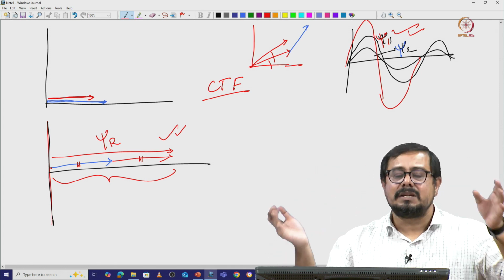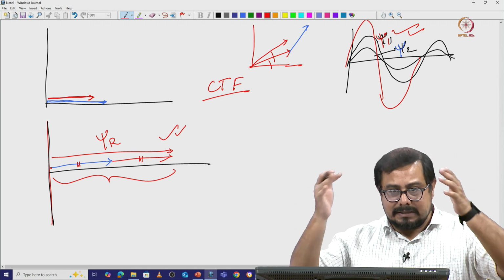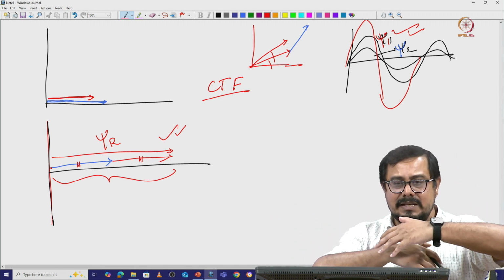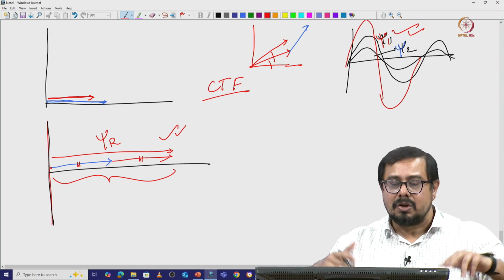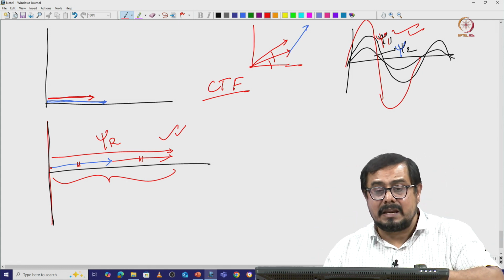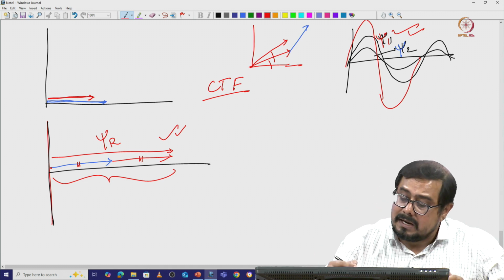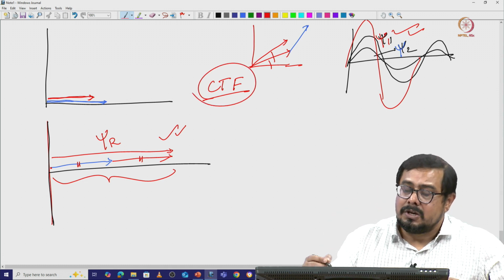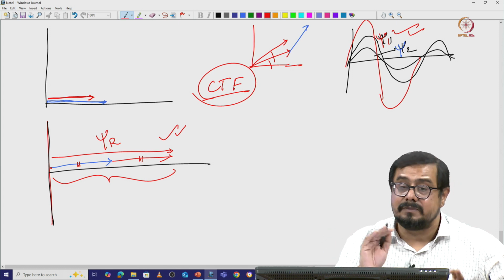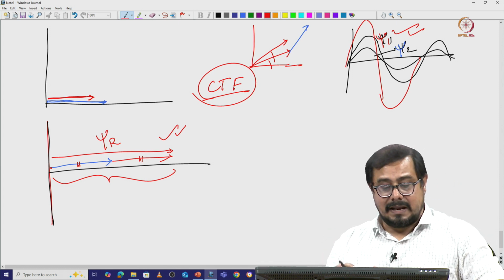And in some cases information is there, but the waves are converging in such a way that we lost that information, or it is the negative one, that we have to correct during the CTF. So, that is called contrast transfer function. At that time, this vector addition will really help us.